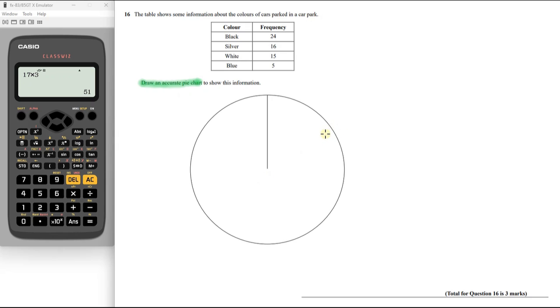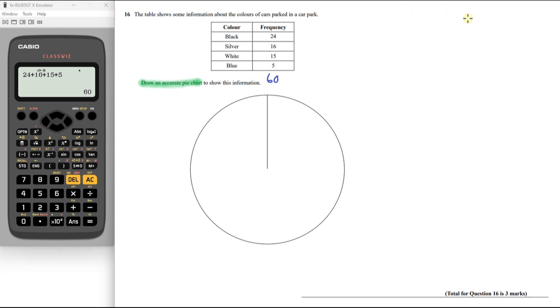So what I'm going to do is, first of all, let's work out what each car represents in terms of degrees. So how many cars were in the car park? We're just going to add these numbers together. So 24 plus 16 plus 15 plus 5. That gives us 60, and that's quite nice because 60 is a factor of 360.